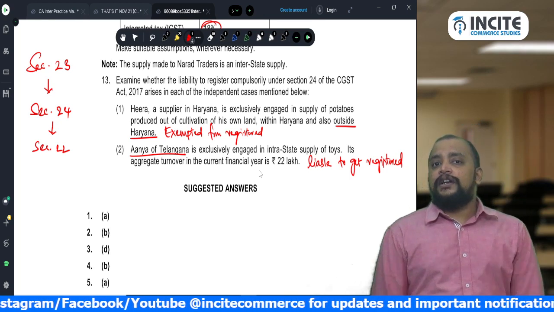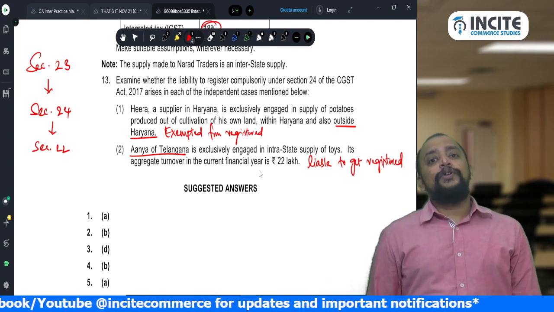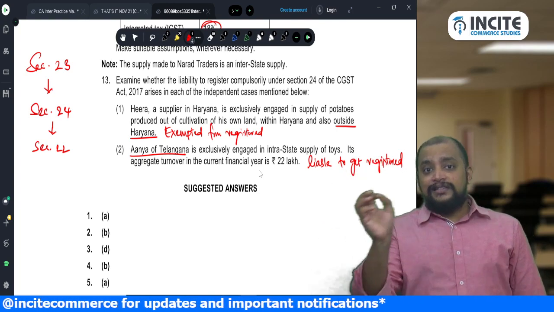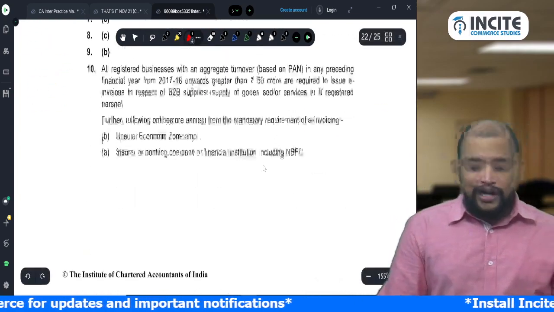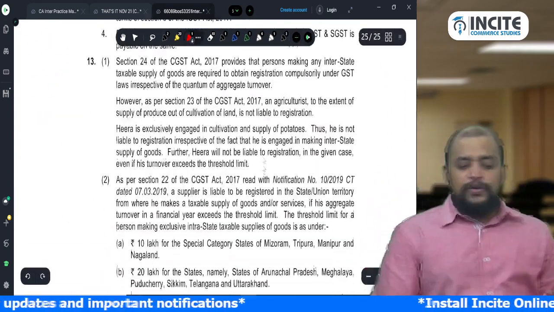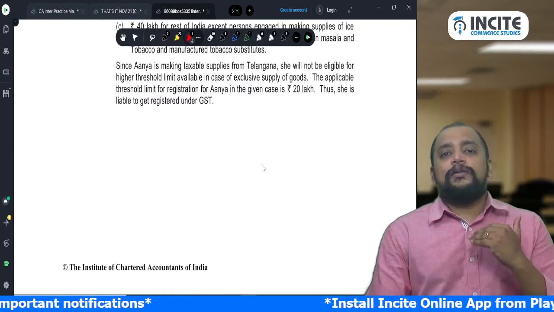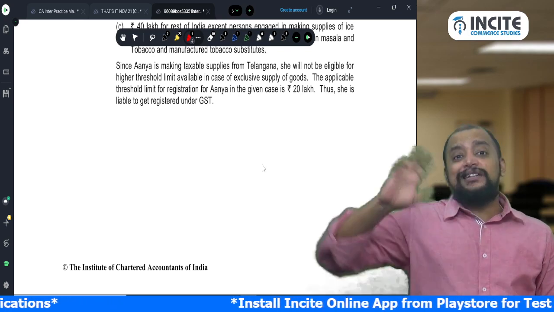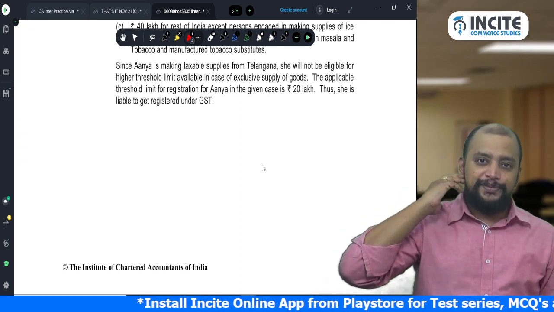Now you listen to this revision. You already know the answers. Randomly take a question and arrive at the answer, write it down, and then cross check with the answer given in the RTP. You will understand what mistake you are making, so that you will not repeat those mistakes in the main exam.